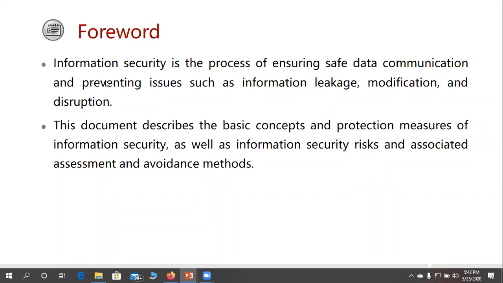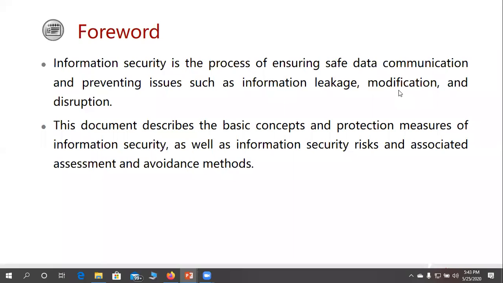Information security is the process of ensuring safe data communication and preventing issues such as information leakage, that is, the information has gone to unauthorized users, okay?